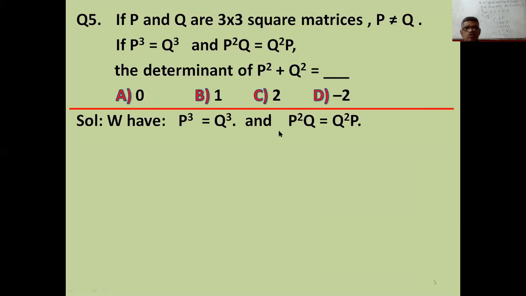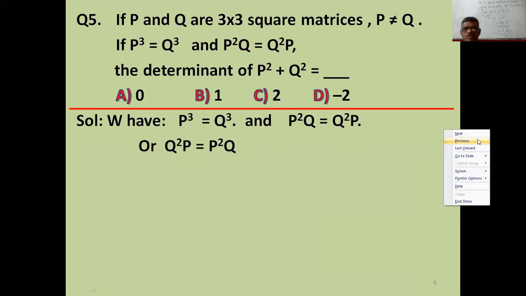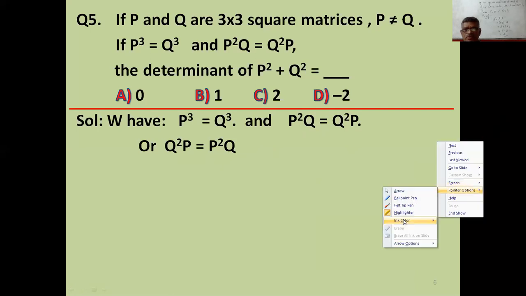P cube equal to Q cube and P squared Q equal to Q squared P. I also write it as Q squared P equal to P squared Q. Okay, it is given Q squared P is equal to P squared Q. Now I add the two equations. Which equations?